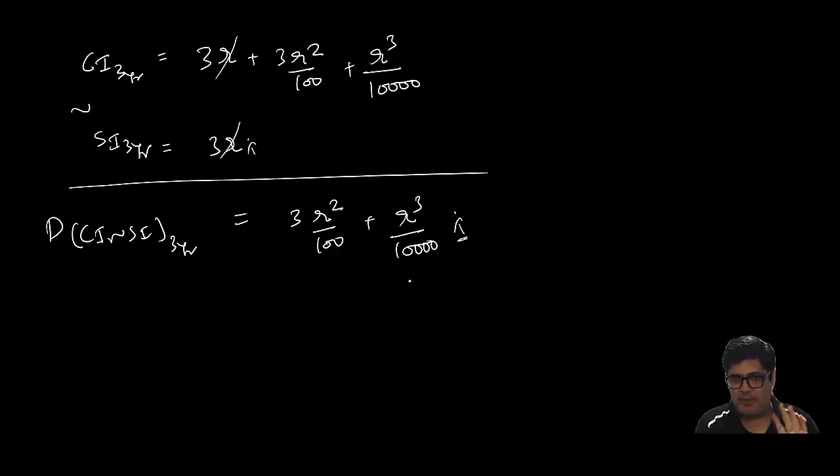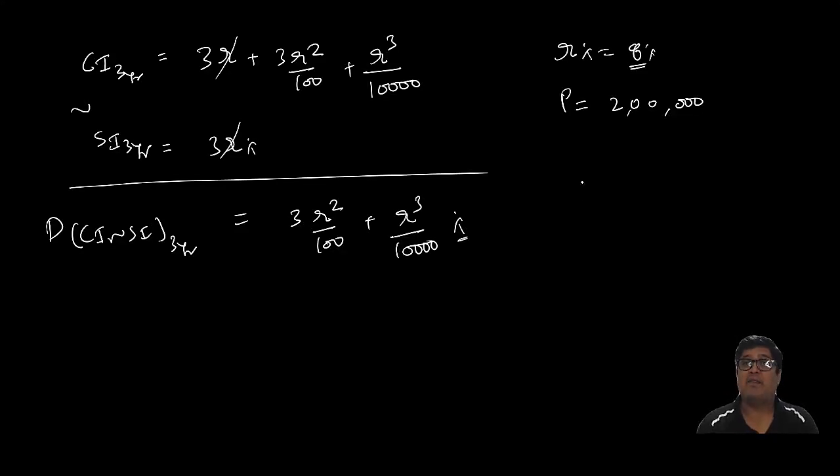See, a small example. Let us say the rate of interest is 8%. What is the difference between CI and SI? Let us say the principal is a large number, 2 lakhs. So you want to use the formula. The difference will be 3 into 8 square upon 100 and 8 cube upon 10,000.